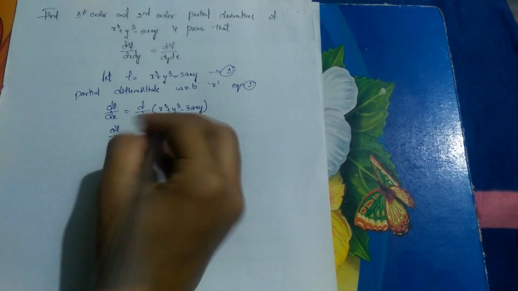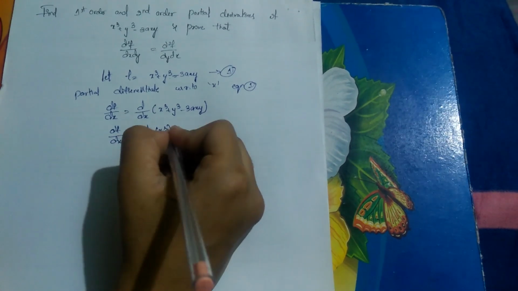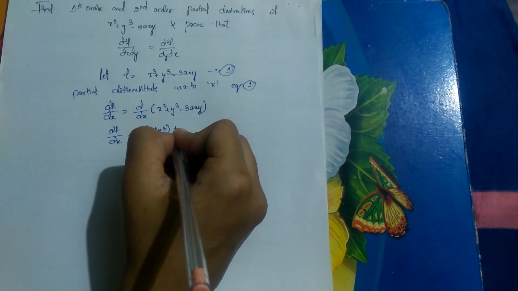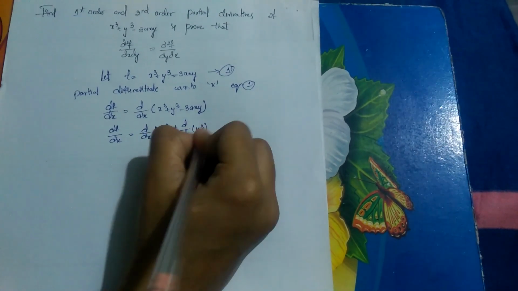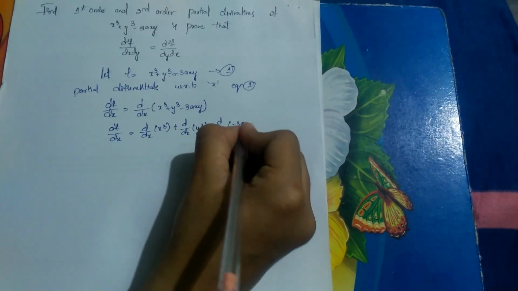That gives us, write separately for each term, dou by dou x of x cube plus dou by dou x of y cube plus dou by dou x of minus 3axy.